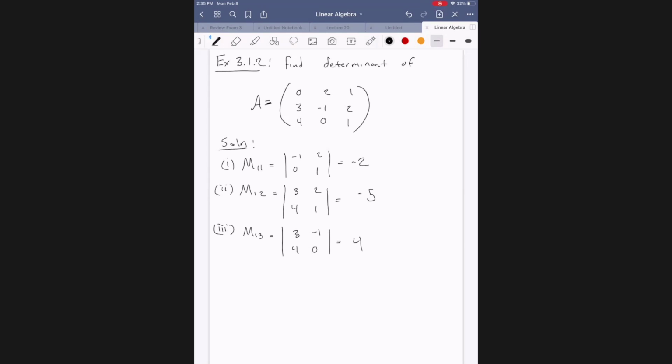Okay. So first do this, and then do the cofactor stuff. C11 is going to equal (-1) squared times M11, which is just going to be -2. C12 is going to equal (-1) cubed times M12.